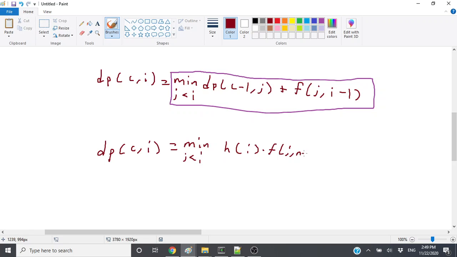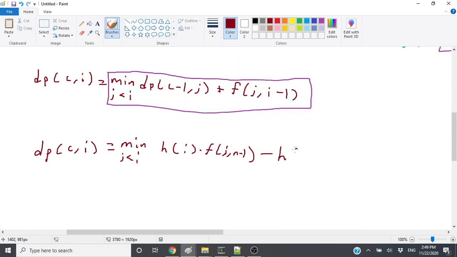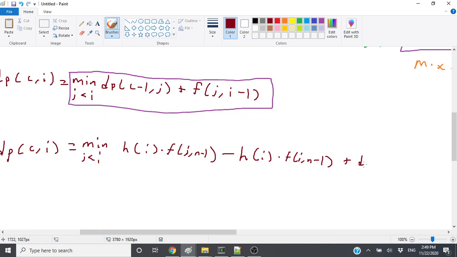This would probably definitely be easier to do on paper, but whatever, I'm stubborn. Minus h of i times f of i, n minus 1, plus dp of c minus 1, j.